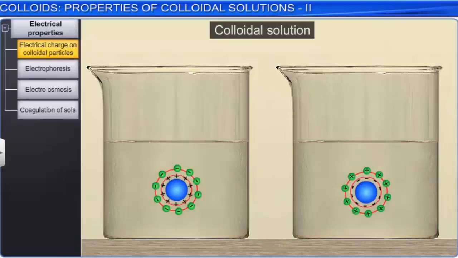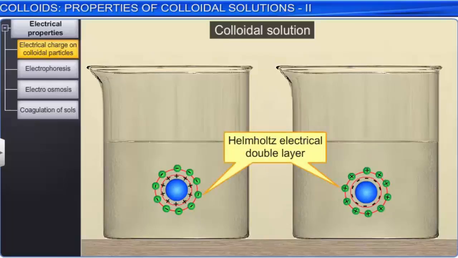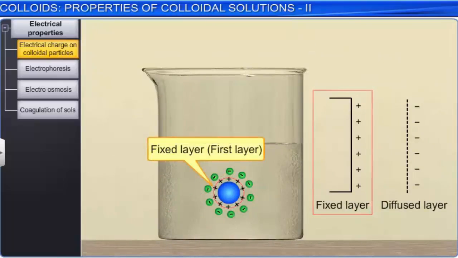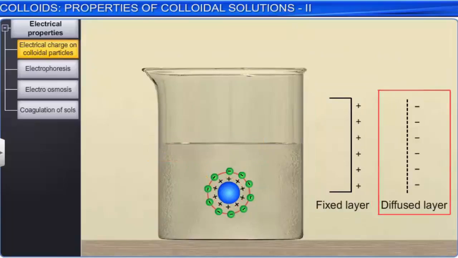The combination of two layers of opposite charges around a colloidal particle is called the Helmholtz electrical double layer. The first layer is firmly held and is called the fixed layer, while the second or the outer layer is mobile and is termed as the diffused layer.